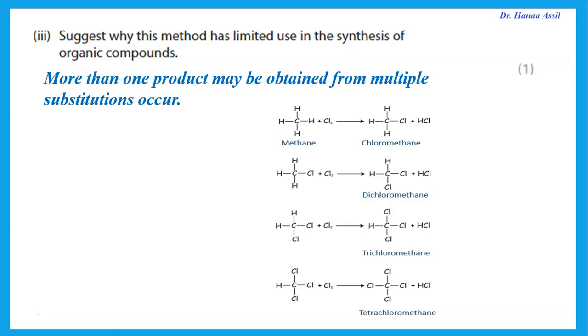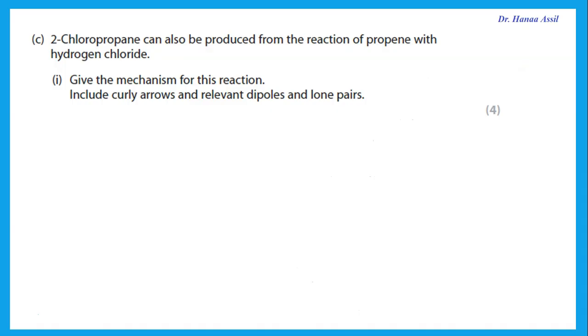So more than one product may be obtained from multiple substitutions, and you will also have different products depending on the termination steps. The termination step is where two free radicals join together, and this could lead to other side products.